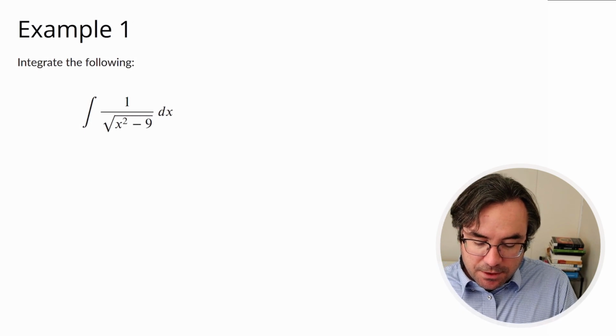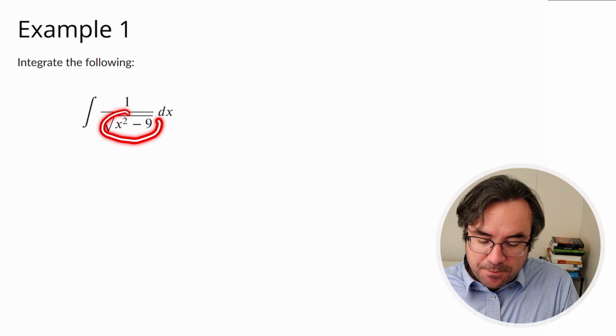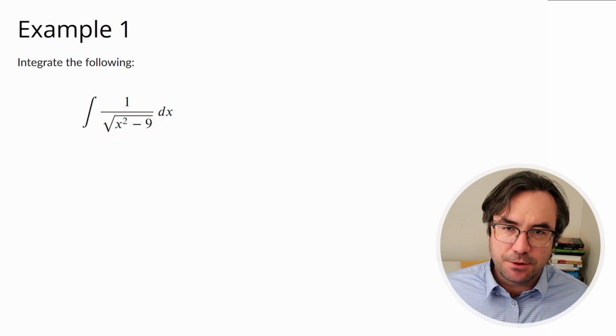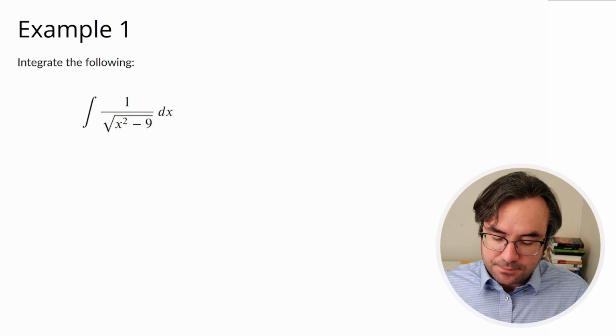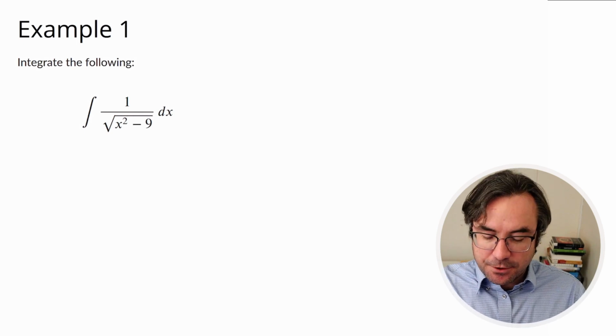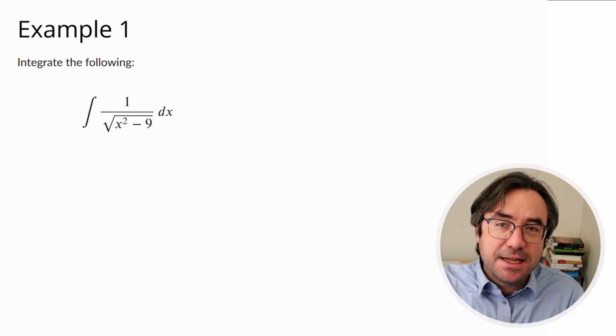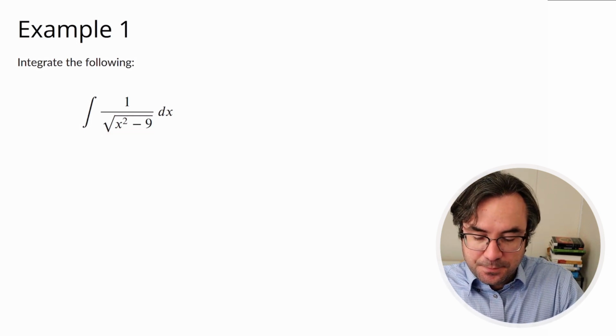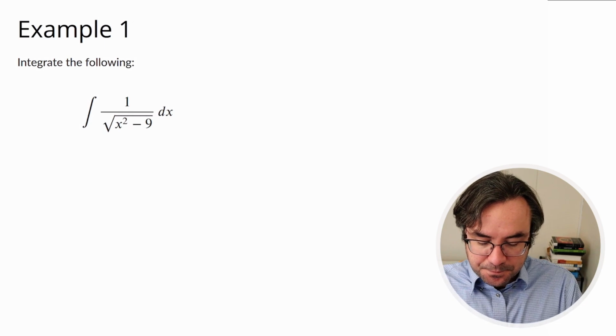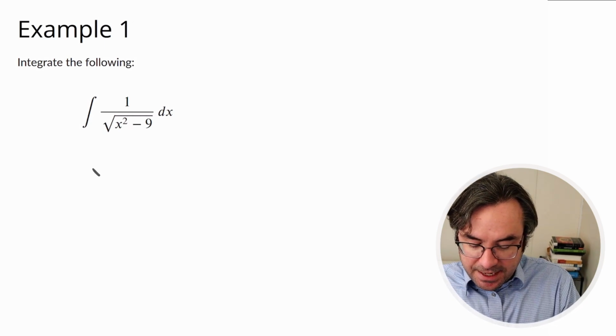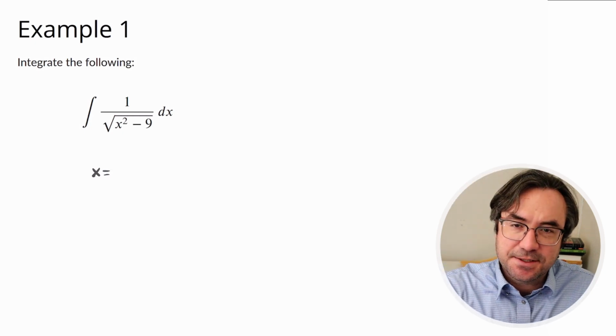So when we look at this, we want to start by identifying the square root term. So the square root term here is x squared minus a constant squared. All right, so we want to decide what x is.